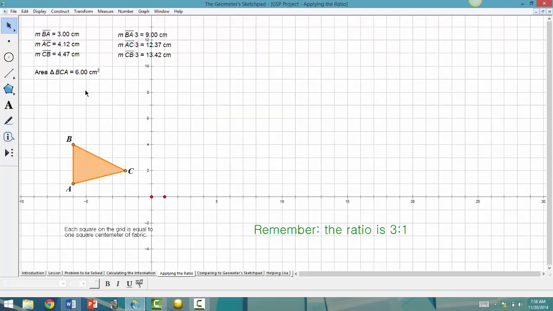So again, we have all of our information, and remember that the ratio is 3-to-1. What we're going to go ahead and do is start with the point tool. We're going to put the points in place before we go ahead and actually make the polygon, before we actually make the triangle. We're going to use the grid that I have placed behind us, because this will make it really easy to make sure that we are at the right ratio.